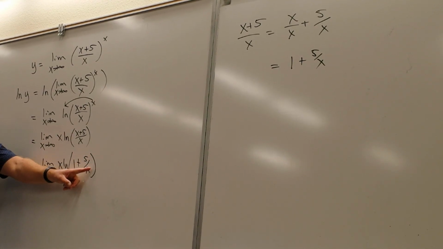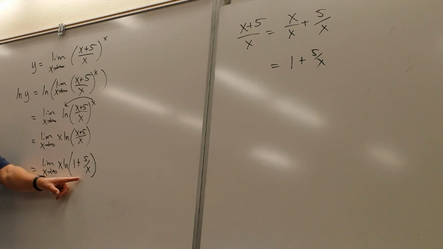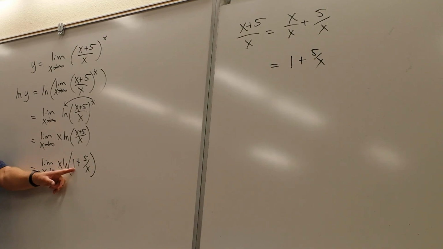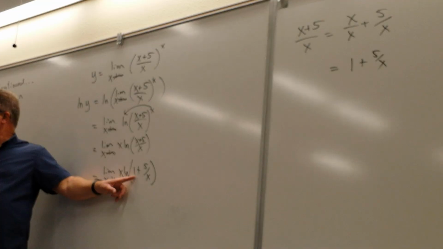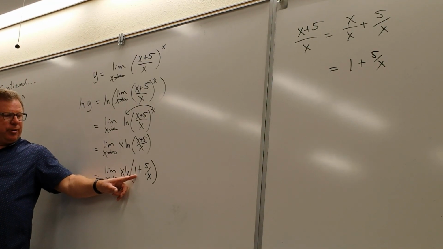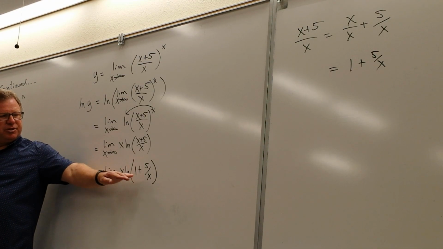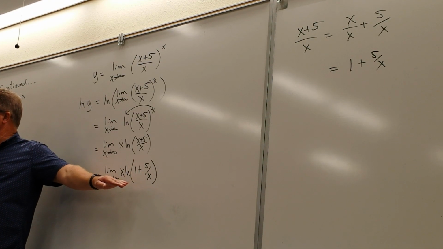What's this approaching inside these parentheses? Just 1, right? That's going to 0, so we're going to have natural log of 1. What is natural log of 1? 0. And x is going to infinity, so we have infinity times 0. That's the form here, right?